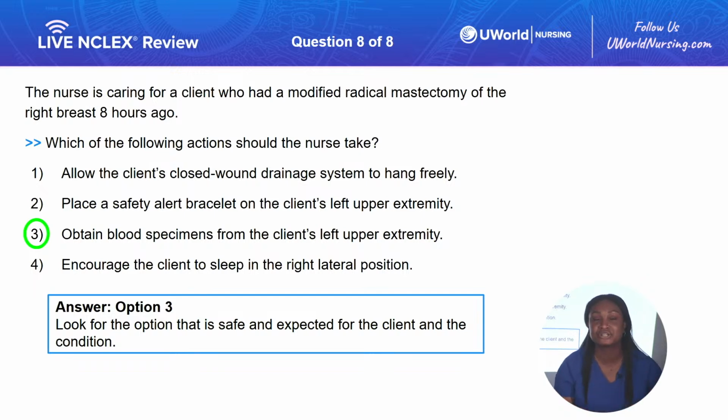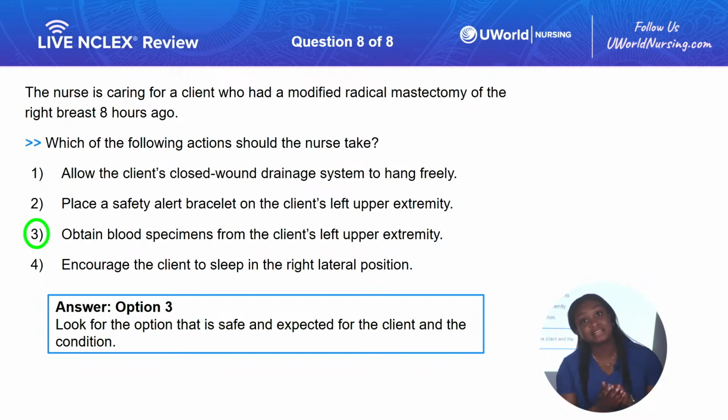One of our questions earlier, we want to secure it with a safety pin to the client's gown so it doesn't dislodge or hang. Place a safety alert bracelet on the client's left upper extremity. This is something that we would want to do on the right side, since the right side was the side that had the mastectomy. And then encourage the client to sleep in the right lateral position.